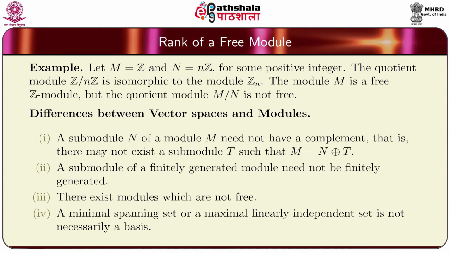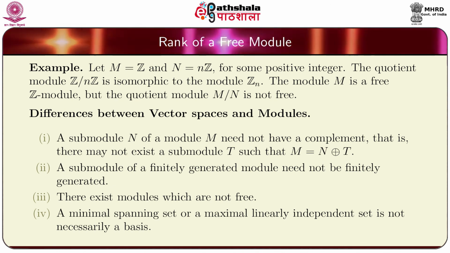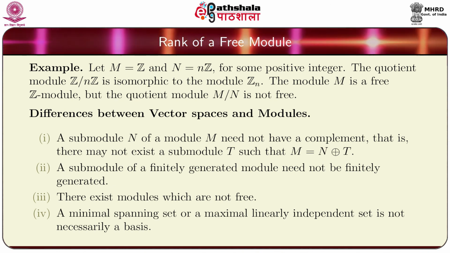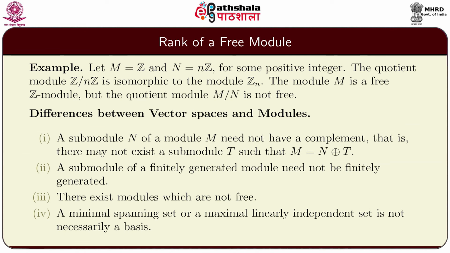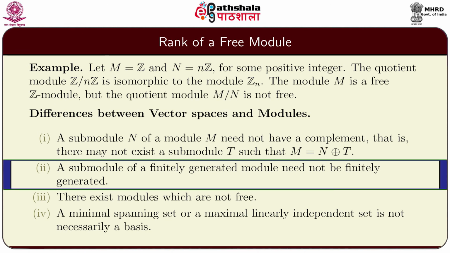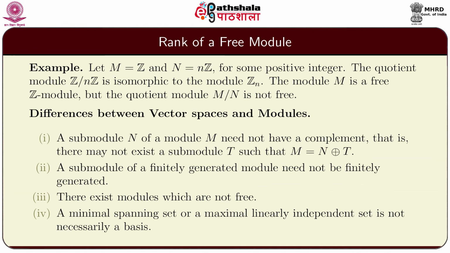Let us now list down some basic differences between vector spaces and modules. 1. A submodule N of a module M need not have a complement, that is, there may not exist a submodule T such that M is equal to the internal direct sum N direct sum T. 2. A submodule of a finitely generated module need not be finitely generated, we have seen an example. 3.